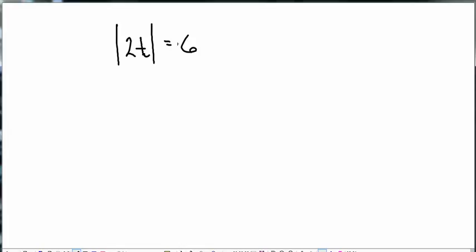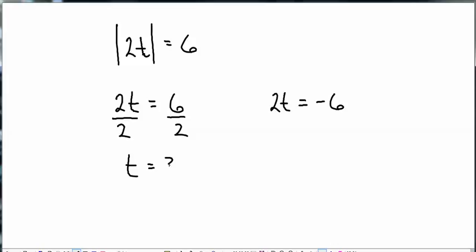So watch, you rewrite it, 2t is equal to 6, and you rewrite it, 2t equals negative 6. And then, once you've broken it into two equations, then you solve them both. So, if you divide by 2, then t is equal to 3, and do the same thing, t equals negative 3.